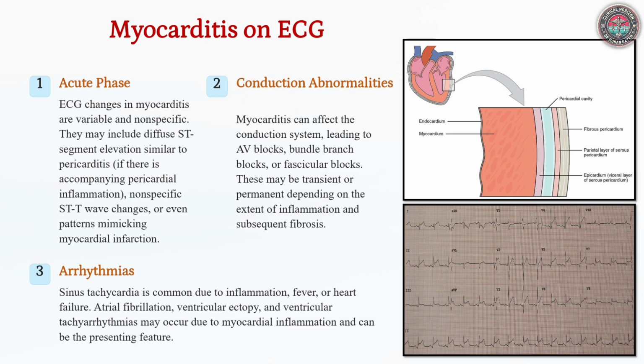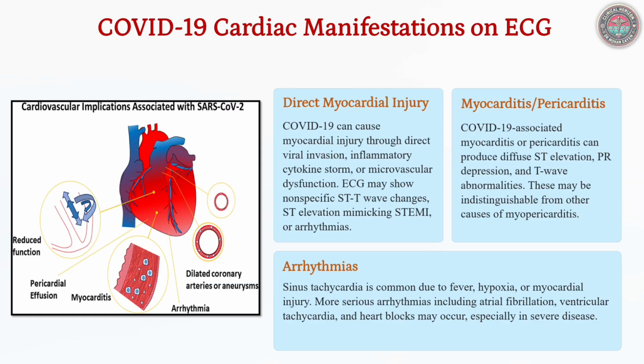Conduction disturbances, such as first-degree AV block, bundle branch blocks, or ventricular arrhythmias, can occur in severe cases. Because ECG changes in myocarditis are nonspecific, elevated inflammatory markers, cardiac MRI, and endomyocardial biopsy may be required to establish a definitive diagnosis.